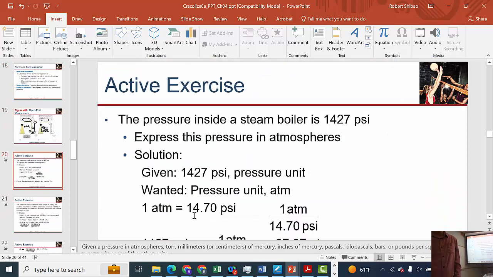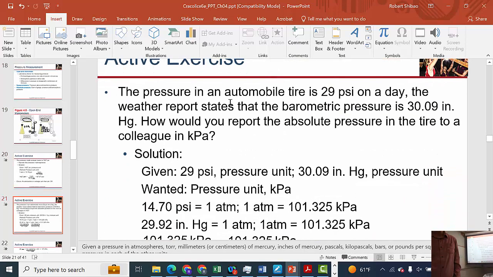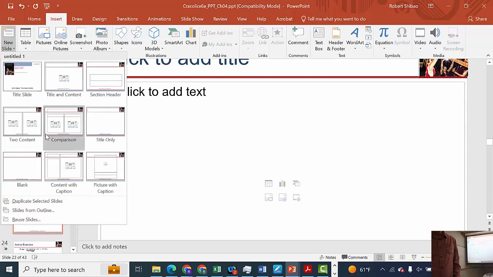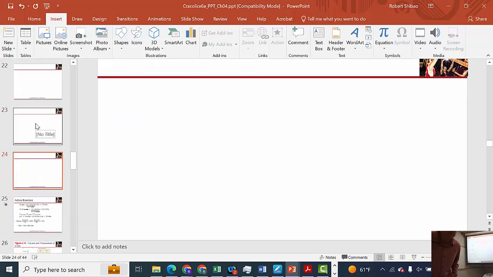Let's say you're going to go buy a tank of helium to fill up some balloons. So you go and buy this tank of helium. And you try to fill up a balloon.